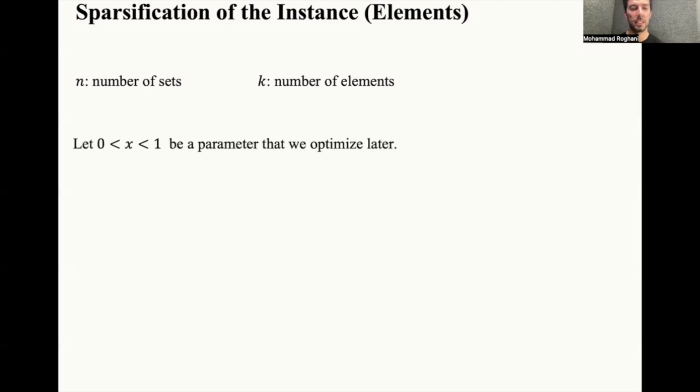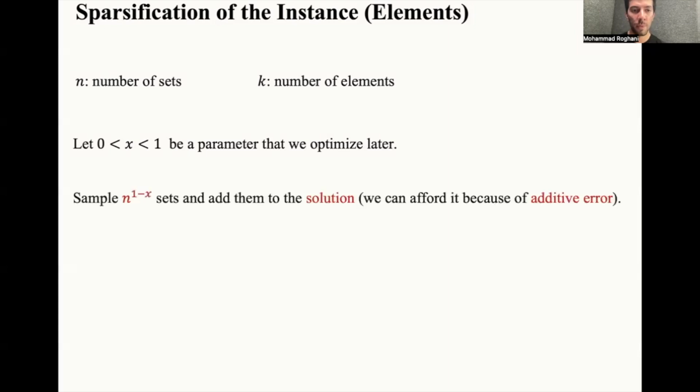Suppose that x is some parameter that we are going to optimize later, something between 0 and 1. Assume that we sample n to 1 minus x sets and add them to the solution. We can add this many sets to the solution because it's smaller than epsilon n, since x is larger than 0. So we can cover it using the additive error that we are allowed in the approximation factor.